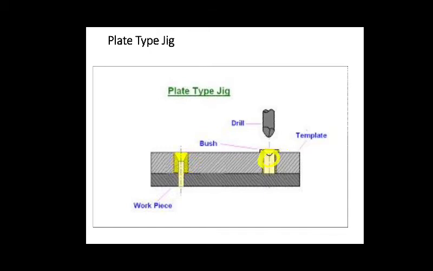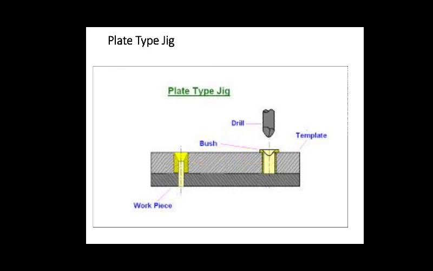Here you can see drill bushes are provided in the plate to guide the drill. The workpiece can be clamped to the plate and the holes can be drilled. Plate jigs are employed to drill holes in large parts, maintaining accurate spacing with each other.